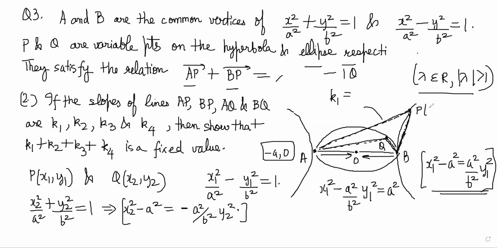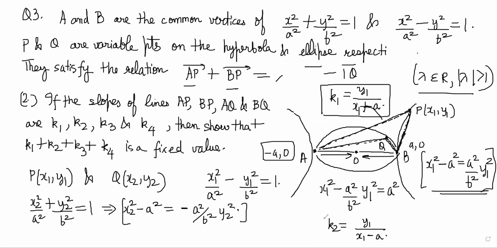So it is y1 by x1 plus a. This is K1, the slope of AP. And what is K2? K2 is the slope of BP, and this is a comma 0, so it will be y1 by x1 minus a, right?